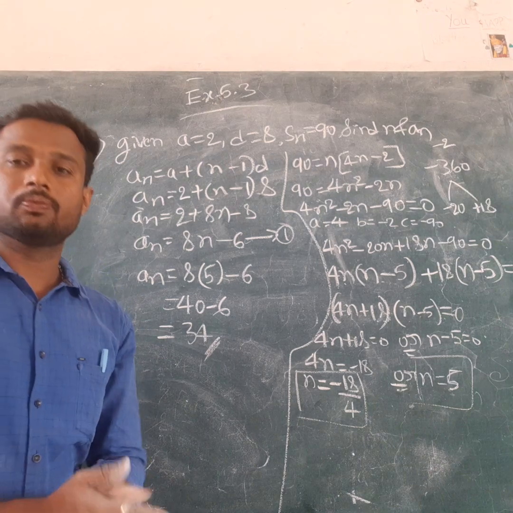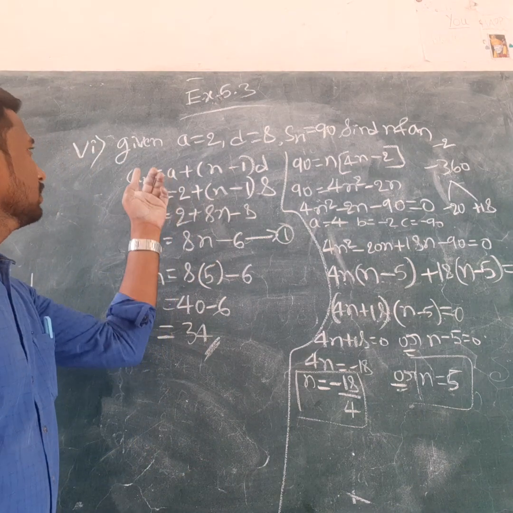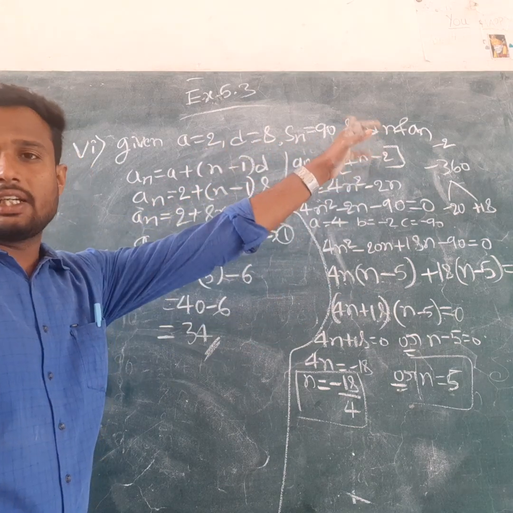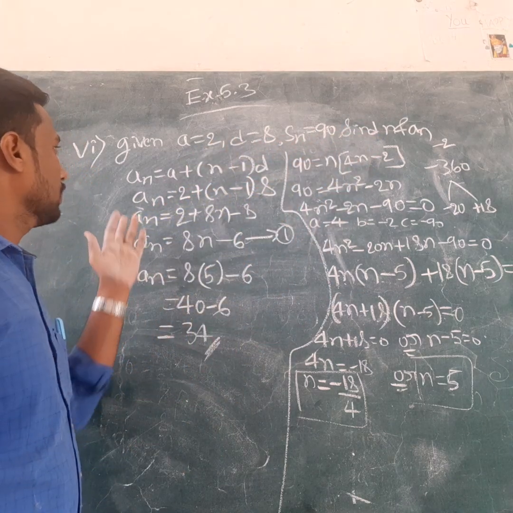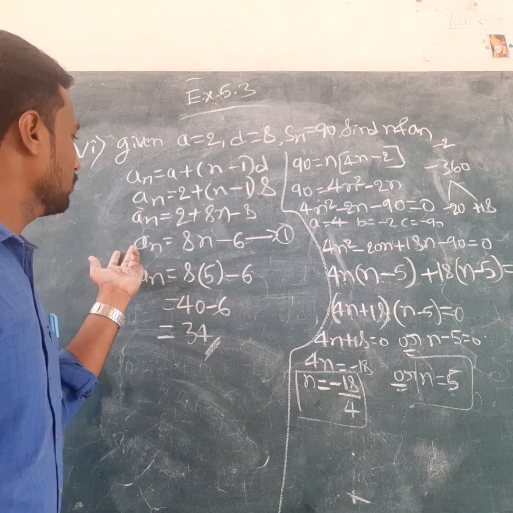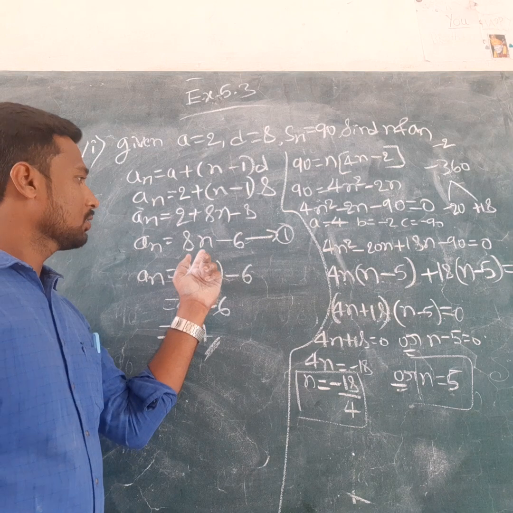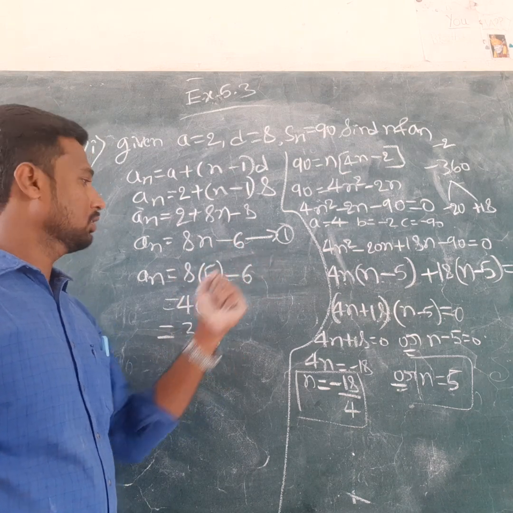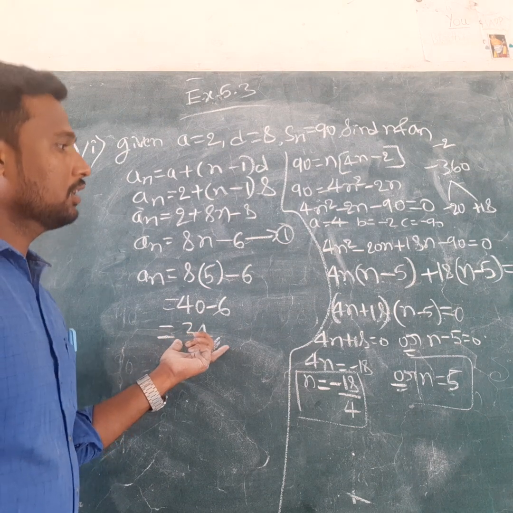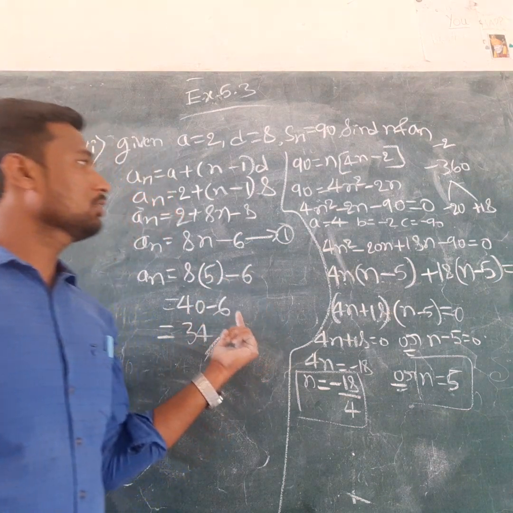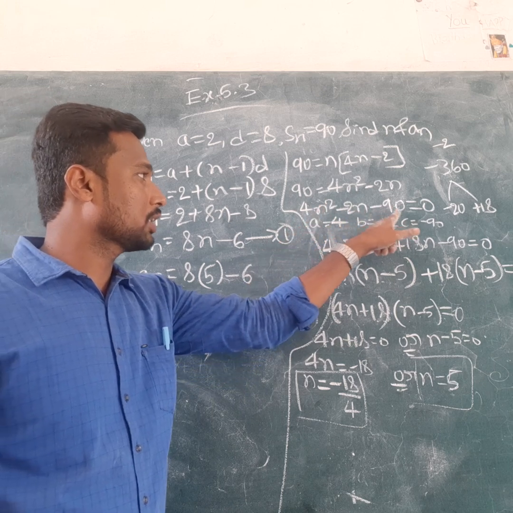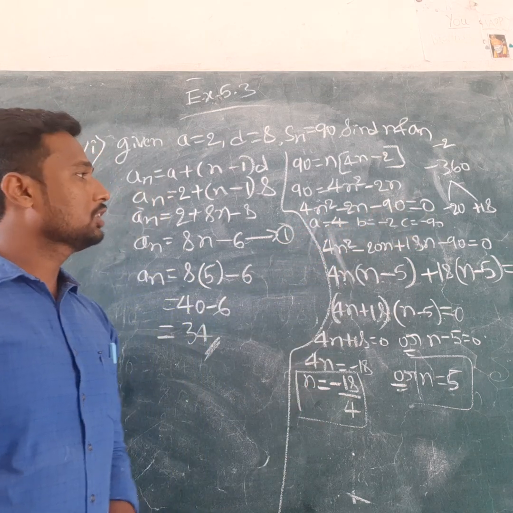What did we do in this problem? Here they are given a, b, Sn value. We have to find out n and an value. First I used the an formula and we don't have values of an and n, so we got equation 1. Next I used the Sn formula, and I got the quadratic equation 4n square minus 2n minus 90 is equal to 0.